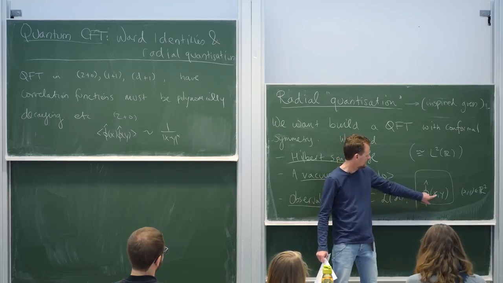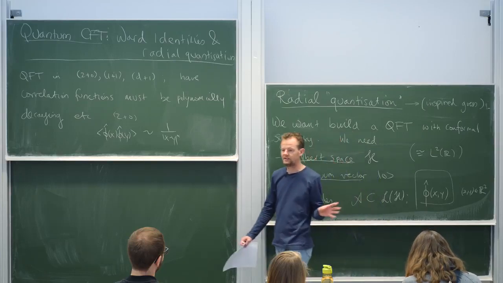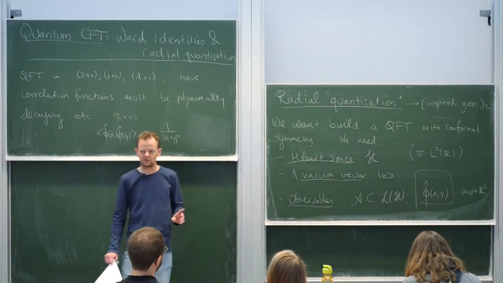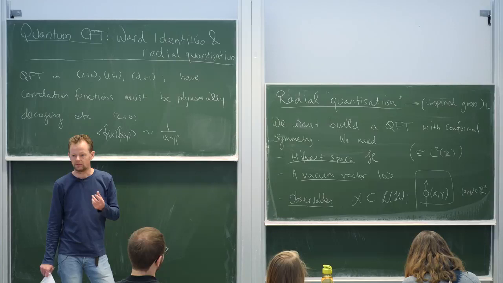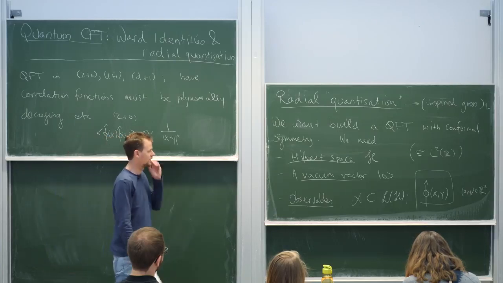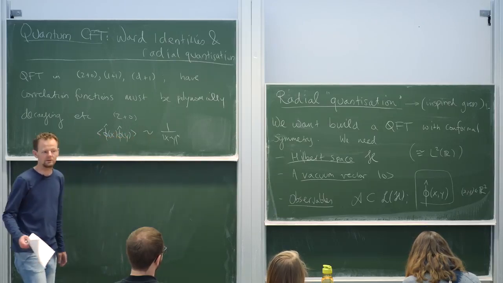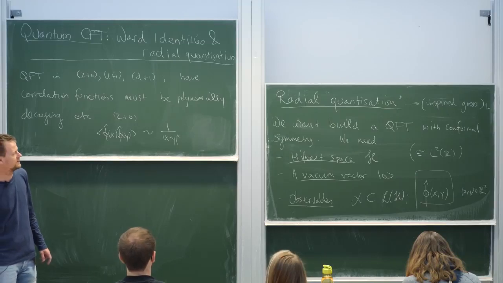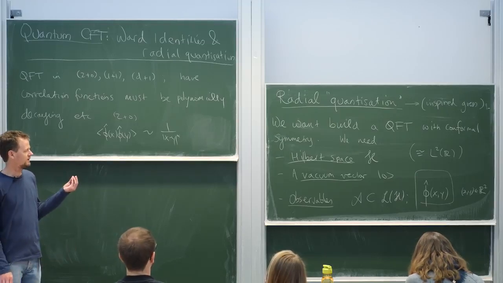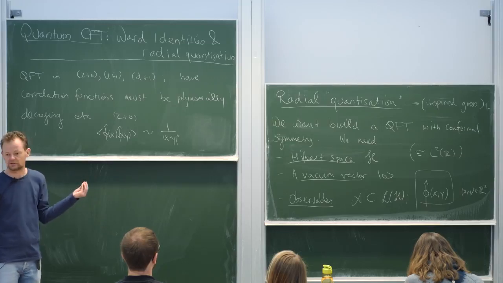It's a bunch of observables labeled by x and y. We're not going to have observables labeled by strings. We're not going to have observables labeled by regions. We're going to have observables labeled by x and y. And that corresponds to an experiment which senses the field at exactly the space-time location x, y.